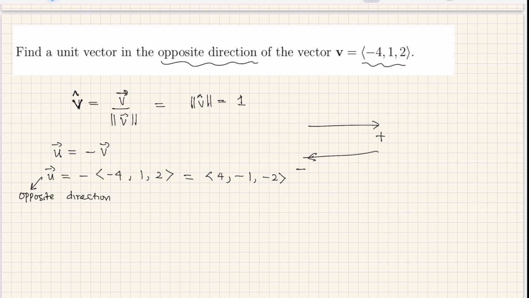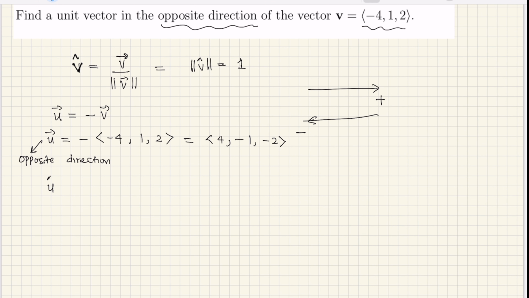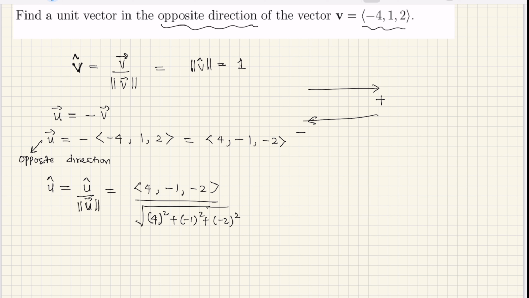Now, how about the unit vector of this vector? We denote this by u hat, which is just your vector divided by the magnitude of your vector. So which is 4, minus 1, and minus 2, divided by the magnitude of your vector, which is the square root of 4 squared plus minus 1 squared, then plus minus 2 squared.